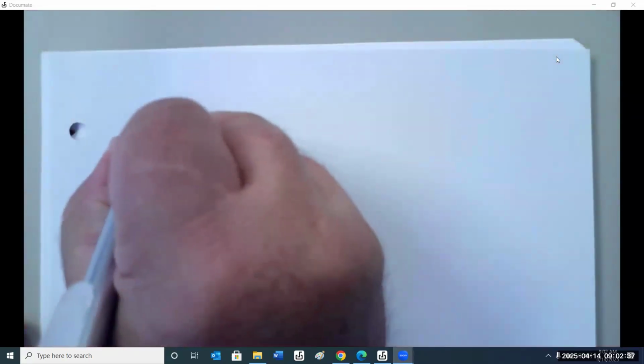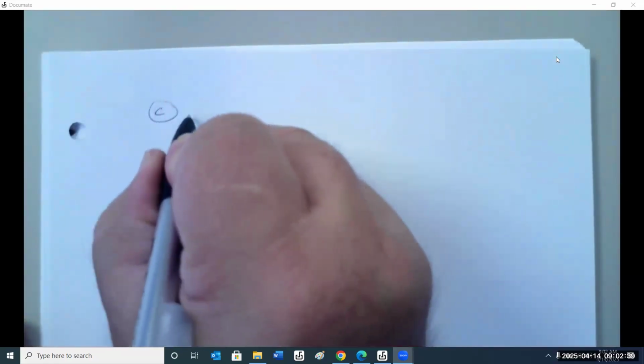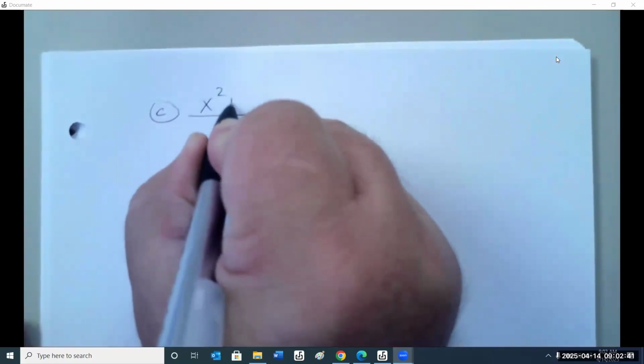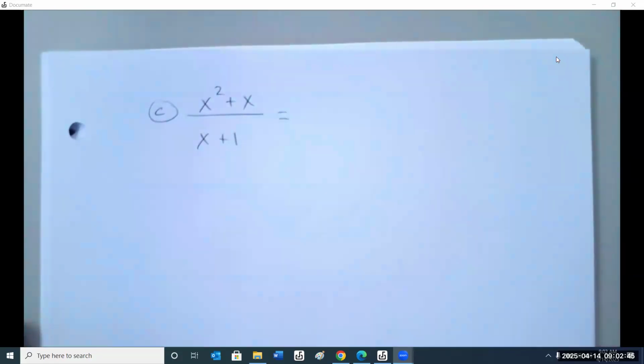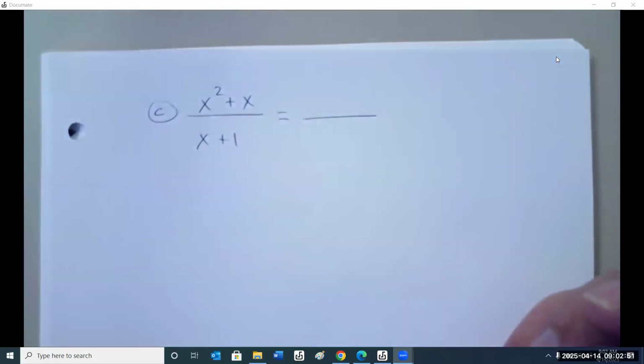These will get progressively more difficult as we go along. The third one, C, is x squared plus x over x plus 1. What do they have in common on top?